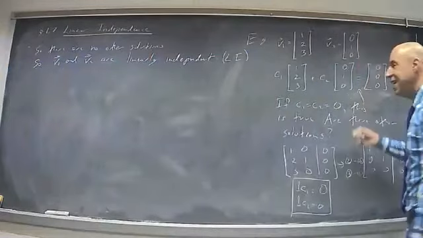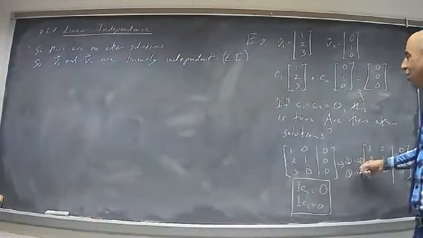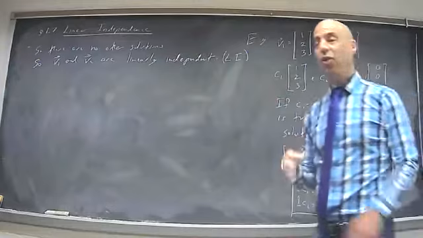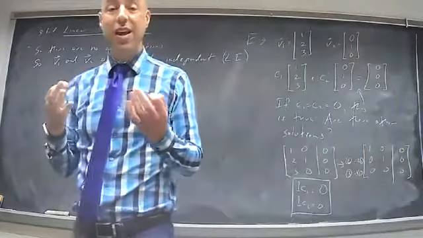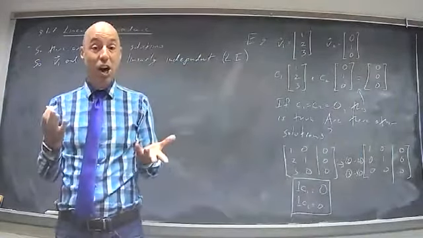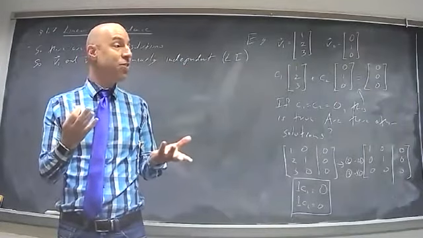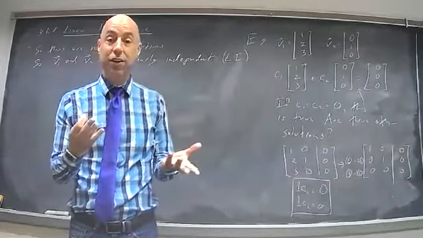And from what we did here, we can see an easy way, or not easy necessarily, but a way using a technique we already know to be able to determine whether a set of vectors is linearly independent or not.